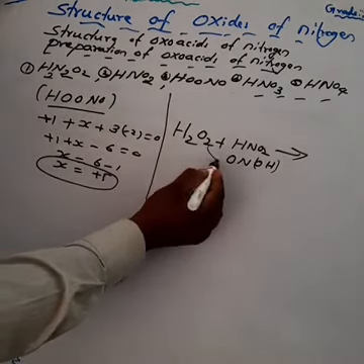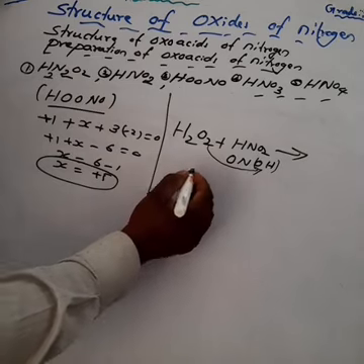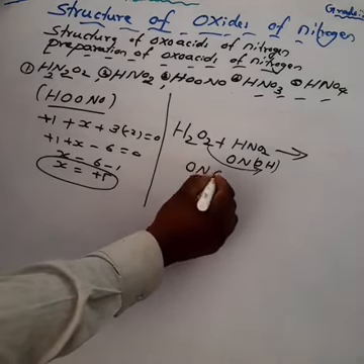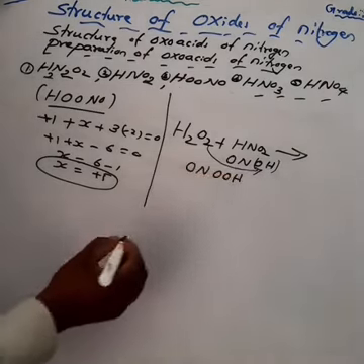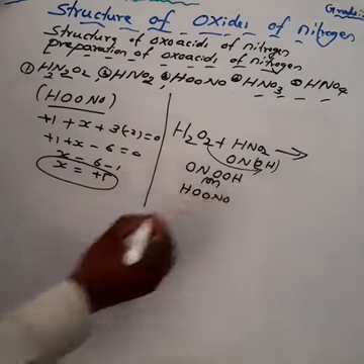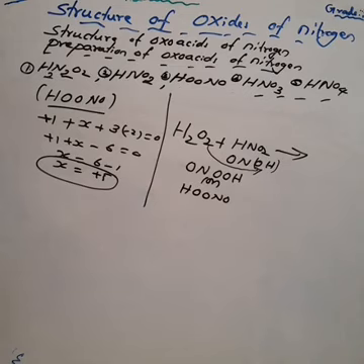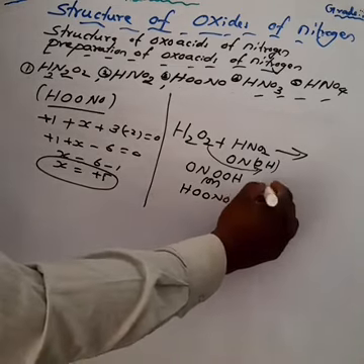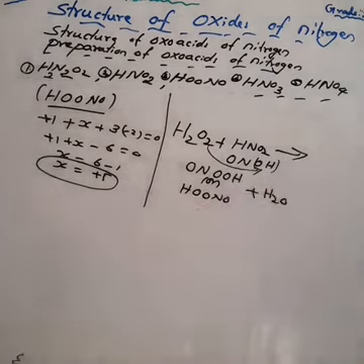So, what is the expected product? ONOOH, otherwise written as HOONO. This is the formula of pernitrous acid, and we also get a water molecule, H2O. Now the equation is balanced.